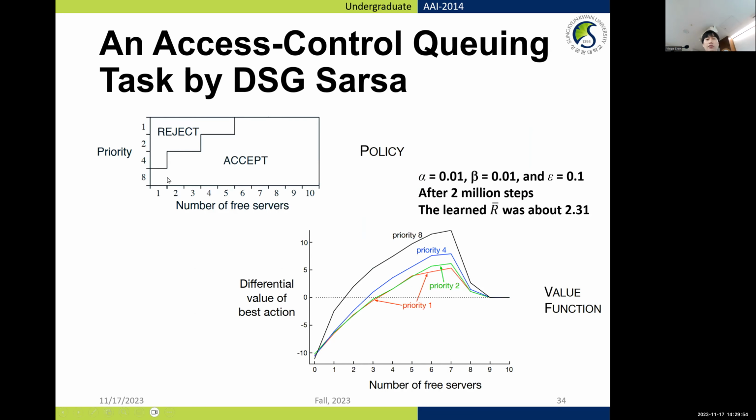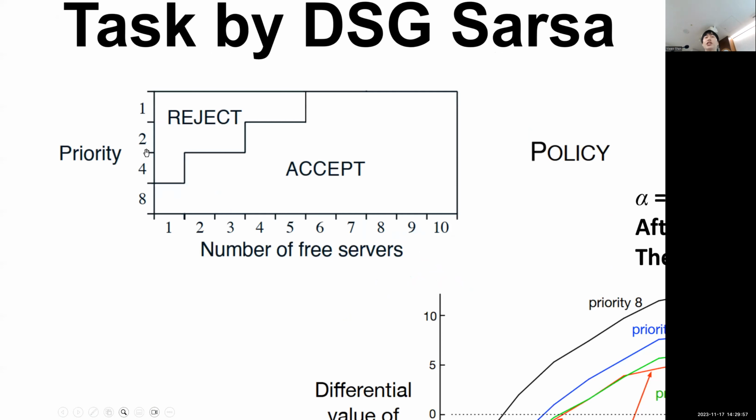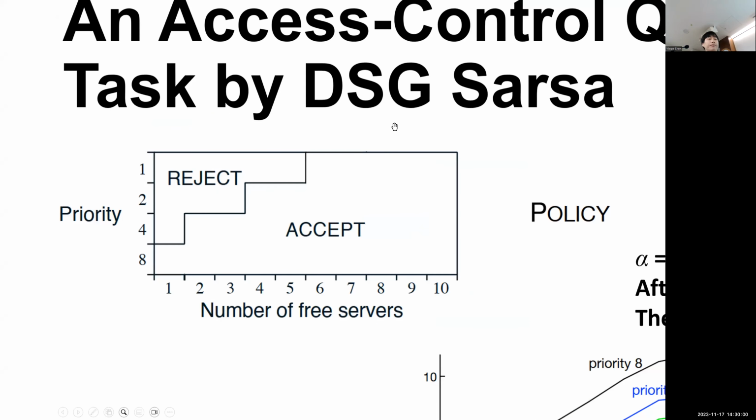For example, here, this is the policy generated by this differential semi-gradient Sarsa. So you see the policy here. From a long-term point of view, it gives the maximum reward for this company. When we have more than 50% free, idle servers, we can accept any jobs, right?